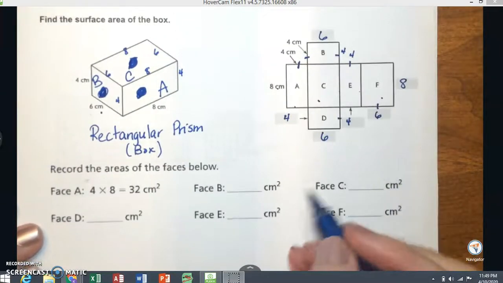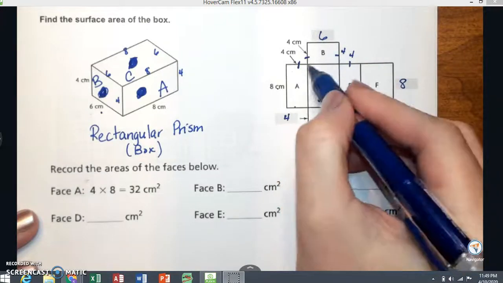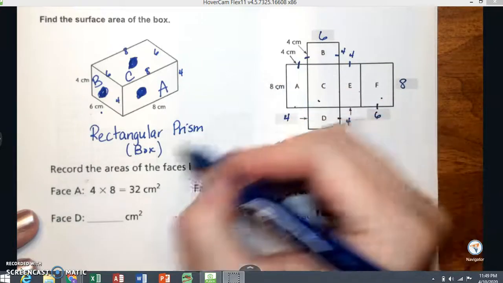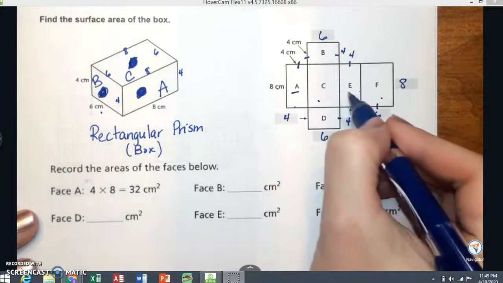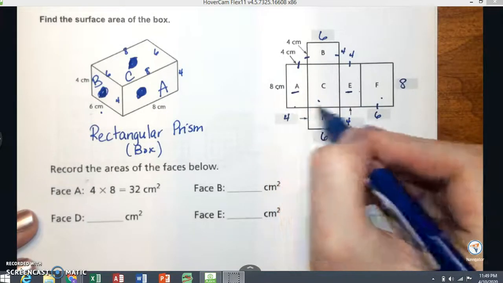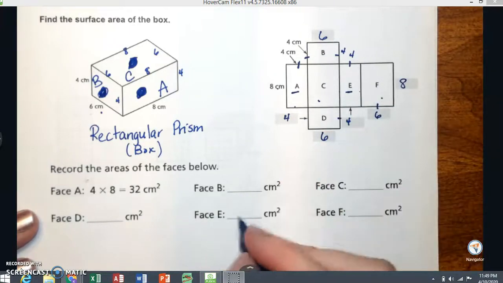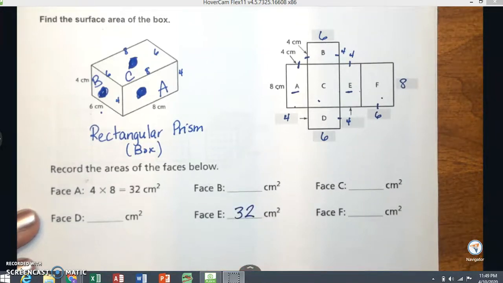Alright, so to find the area of each one of those, so face A, to get the area, notice this is a rectangle or a parallelogram, so I would just say 4 times 8 is 32. Now, A and E are exactly the same. They're the same shape, same size, 4 times 8. So let's go ahead and find E, and let's fill it in with 32, and that would be centimeters squared.